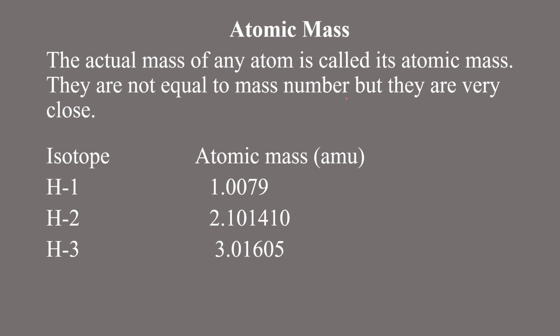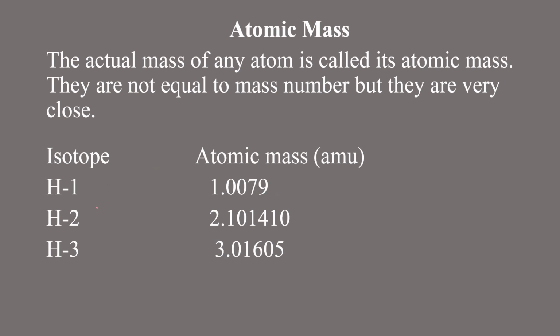The atomic masses on the periodic table take isotopes into account, weighing them based on their abundance in nature. More weight is given to the isotope that occurs more frequently in nature. Here we have three isotopes of hydrogen. The atomic mass of hydrogen-1, which has 1 proton and 0 neutrons, is 1.0079 AMU.